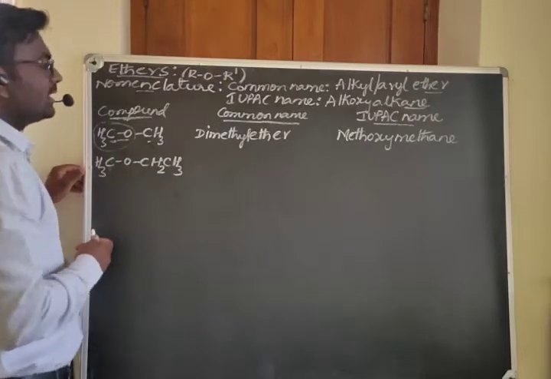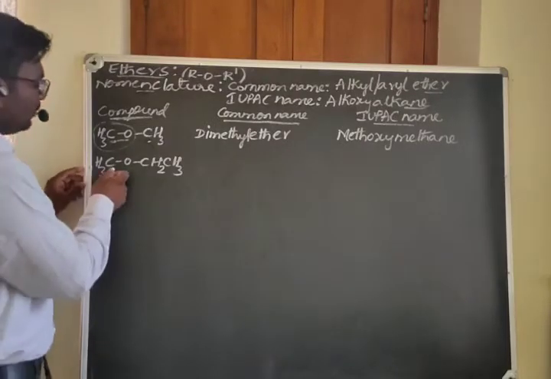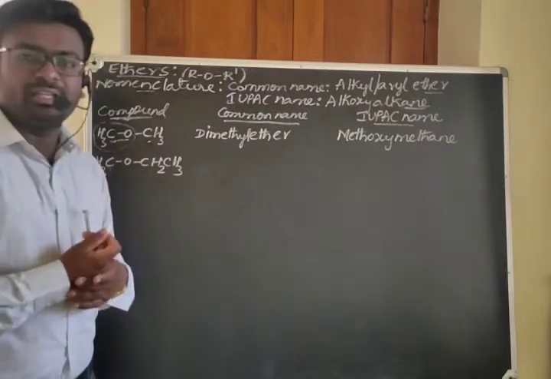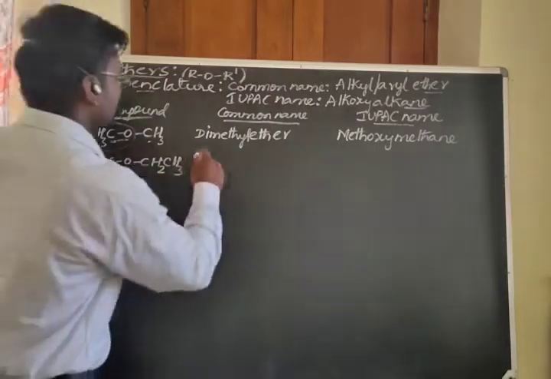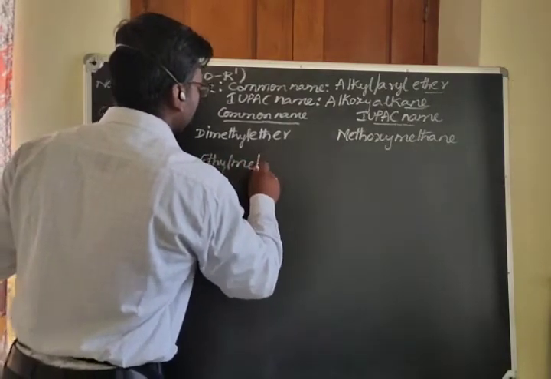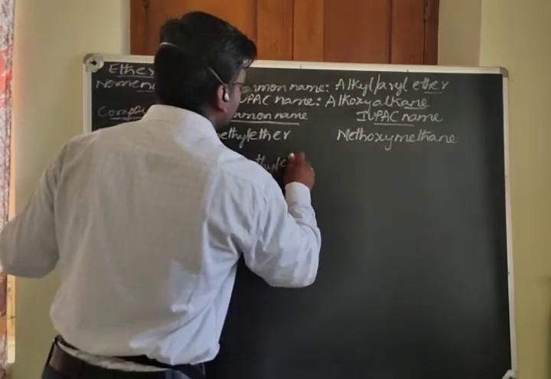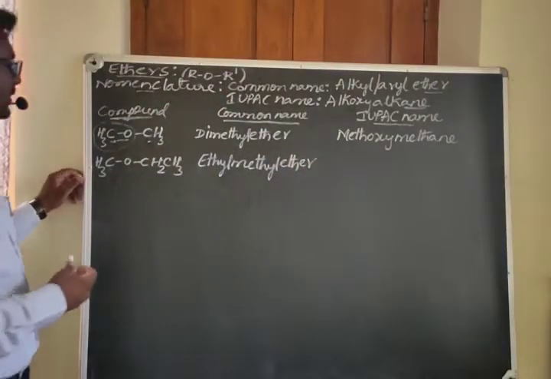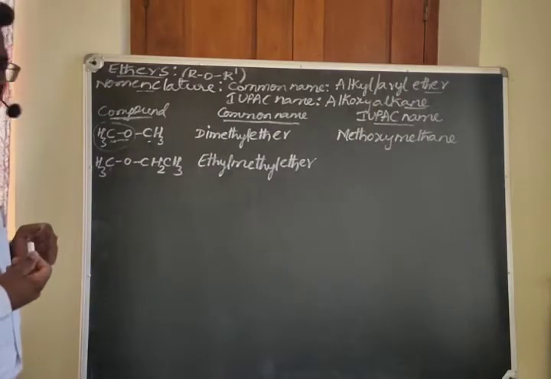Now what is the common name of this compound? Here we have a methyl group, here we have an ethyl group. Which one comes first alphabetically? E of ethyl comes first, so it is called ethyl methyl ether. And what is the IUPAC name? We have to choose the substituent group.